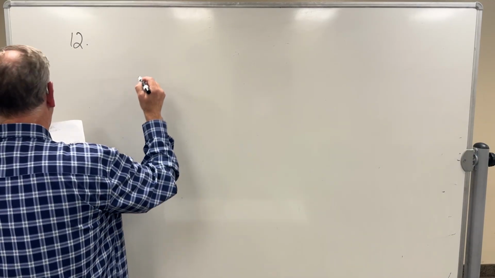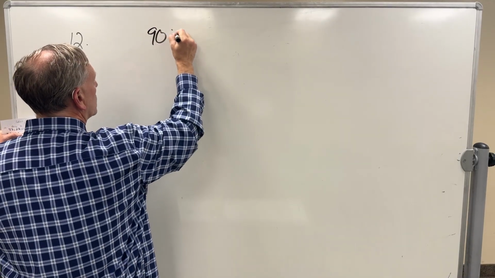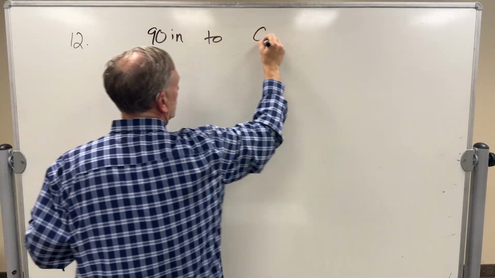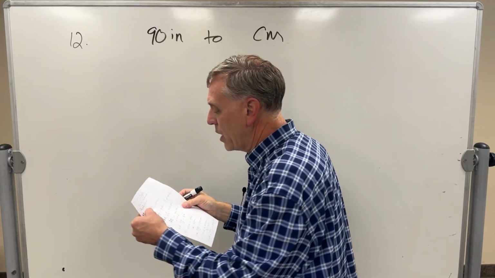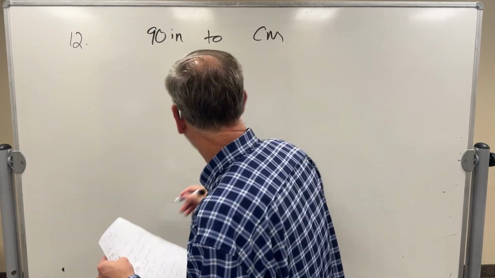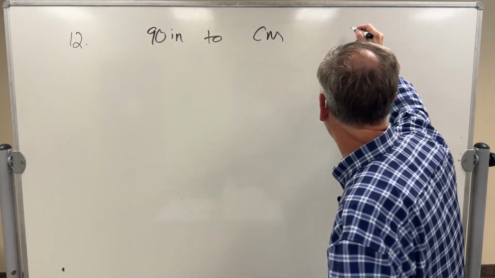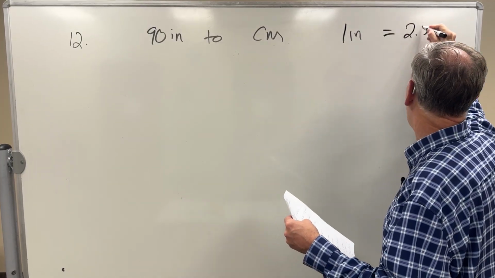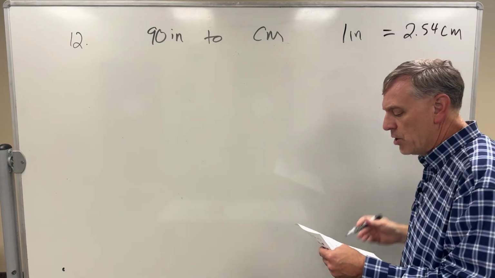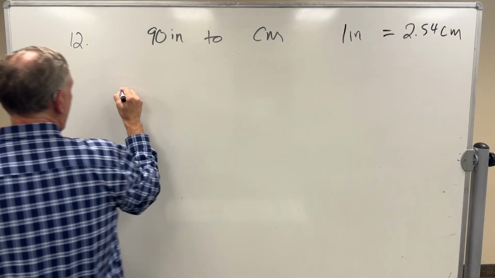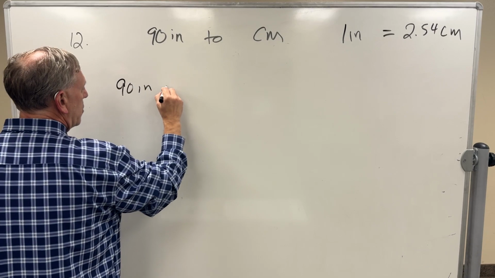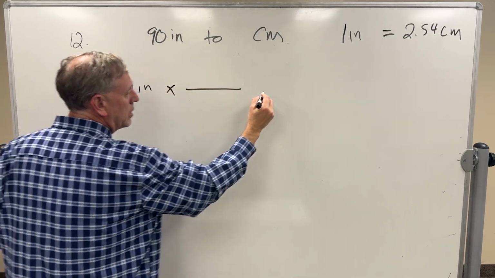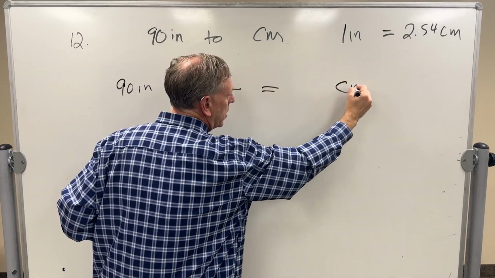Now, the first one's a unit of measure. Number 12 asks for 90 inches to centimeters. All right, and so just using very simple dimensional analysis, we find out in the table that in 1 inch, there is 2.54 centimeters. So the conversion here for 90 inches, we're going to multiply by, so that at the end we have centimeters.